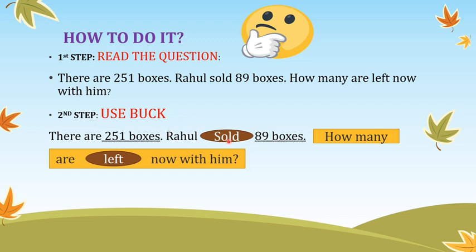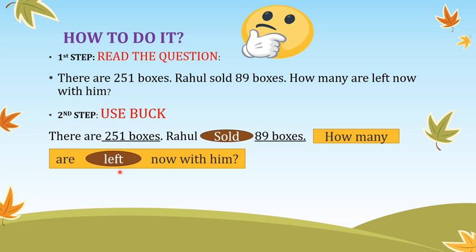C says circle the vocabulary. Now here, sold, left. These are the words which work like keywords. These words help you understand whether the question is based on addition or subtraction. Keywords are very important.